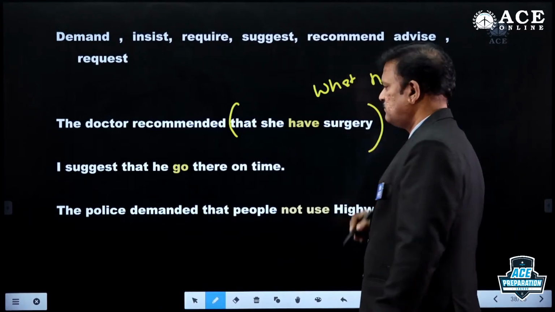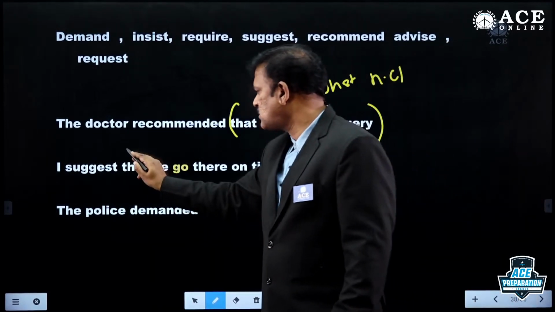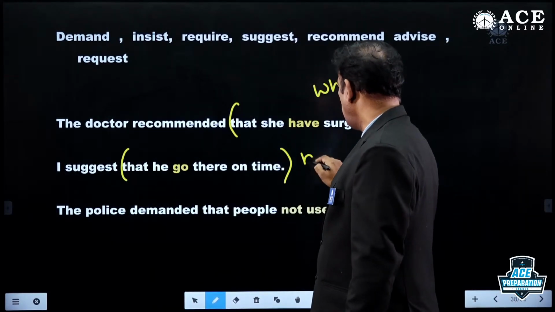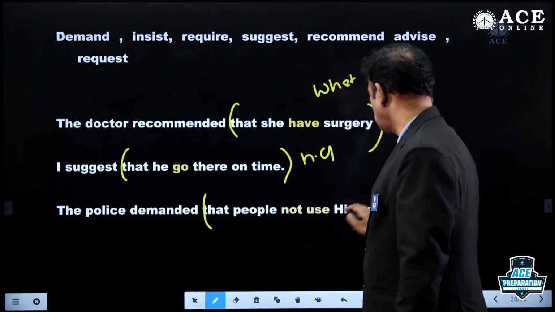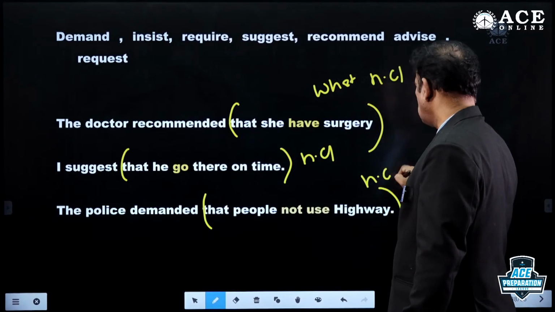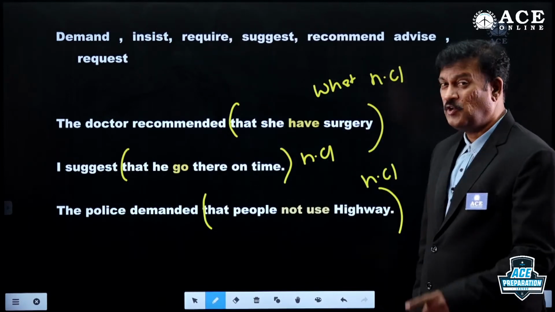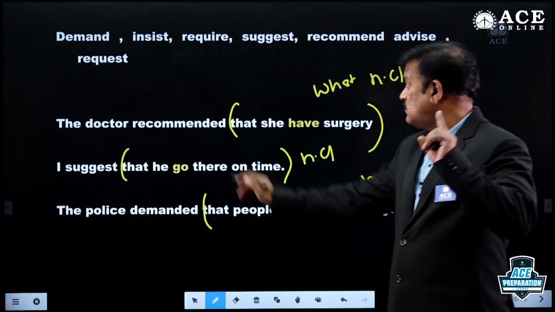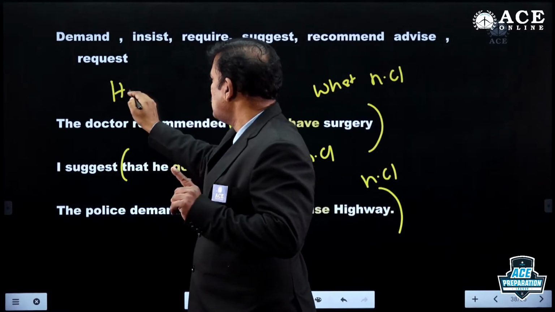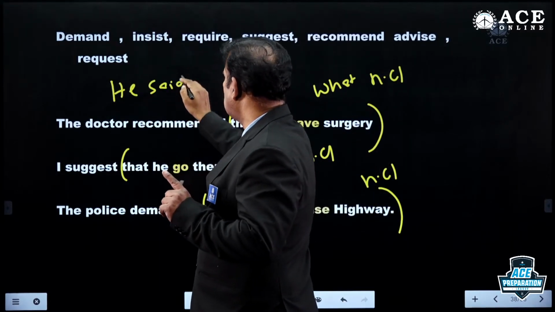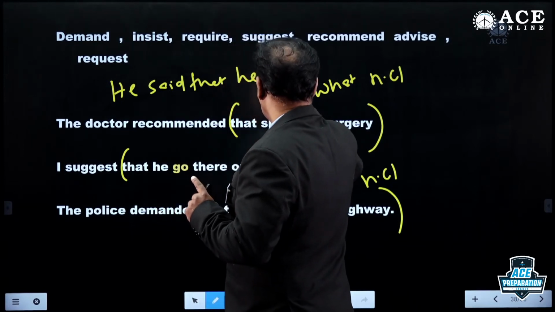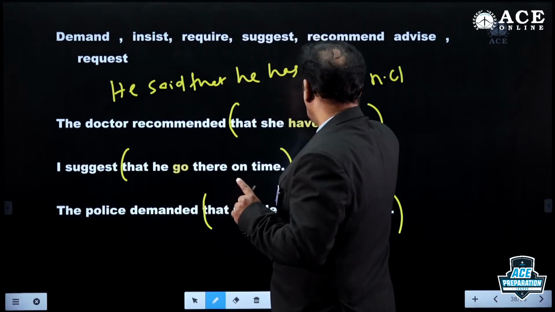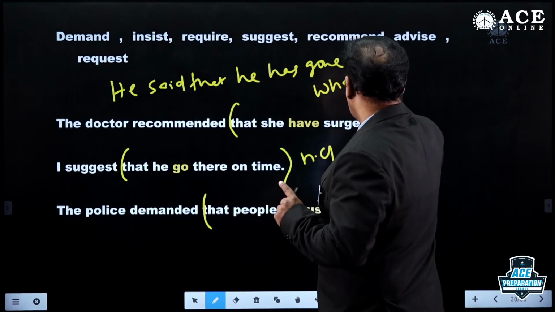Noun clause. I suggest what? Noun clause. The police demanded what? Noun clause. So what, sir? Do you remember this one? He said what? That he has gone out.